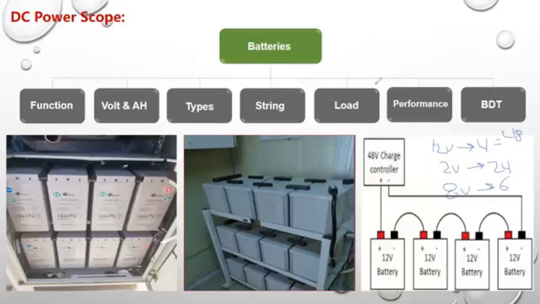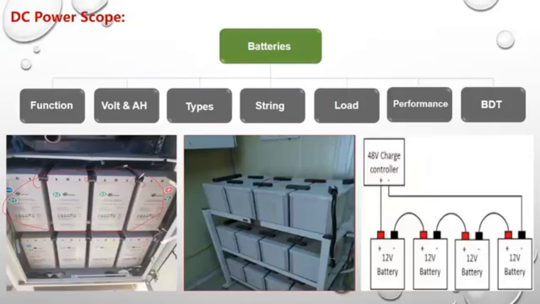All right. Now, you'll find here 12 volt batteries connected. Let's raise this so you can see it clearly. This is the 12 volt batteries, and you can see that they're connected by these connectors together.